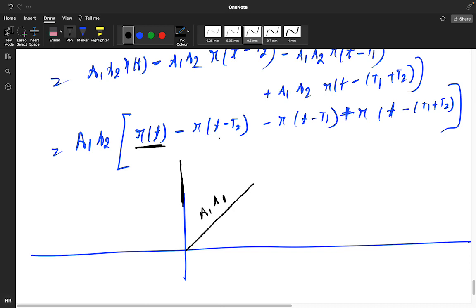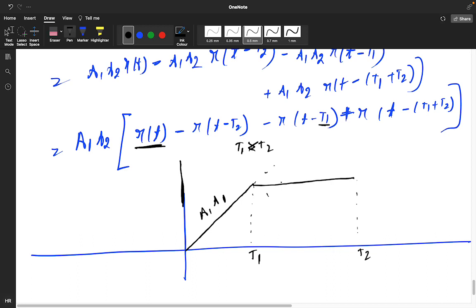We know that t1 is lesser than t2, so first t1 will come, then t2 will come. At t1 we give the same slope a1 a2 in the negative direction, so it will cancel out and go flat.